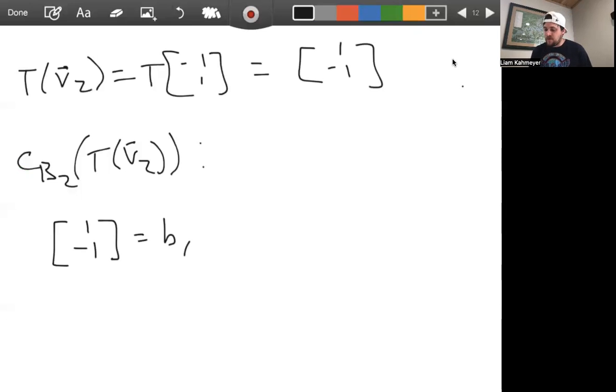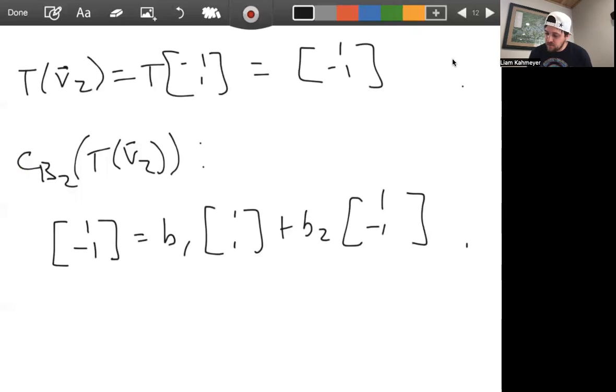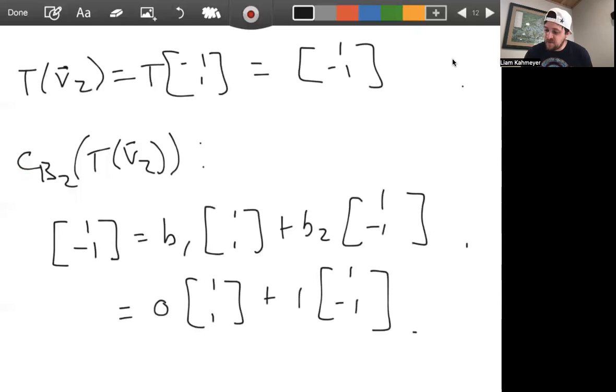Let's say we used a1 in the last, so let's say b1 times (1, 1) plus b2 times (1, -1), such that this is true. Well, this would be true when b1 is 0 and b2 is 1. So if that's the case here, then C_B2 of T(v2) is going to be (0, 1). And this will be the second column of our matrix.